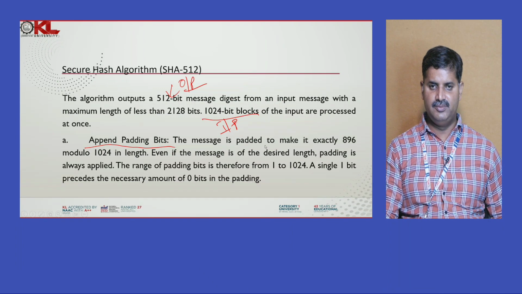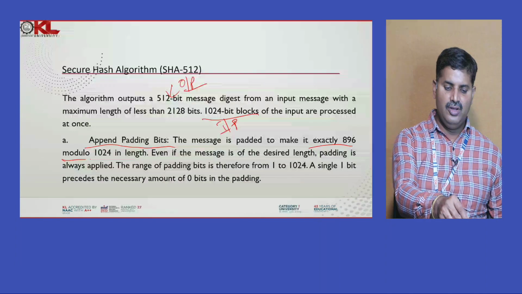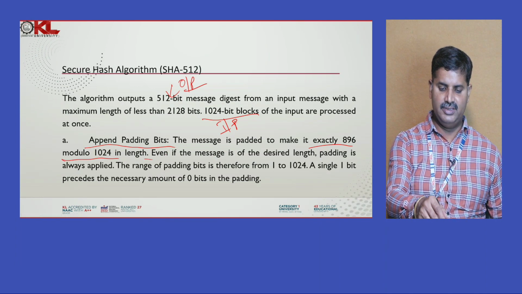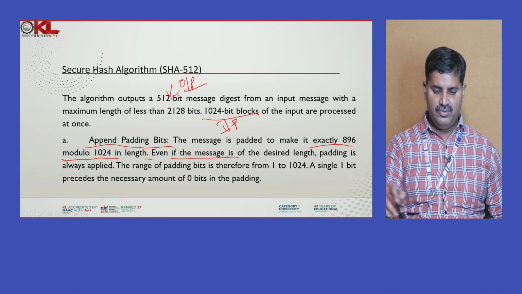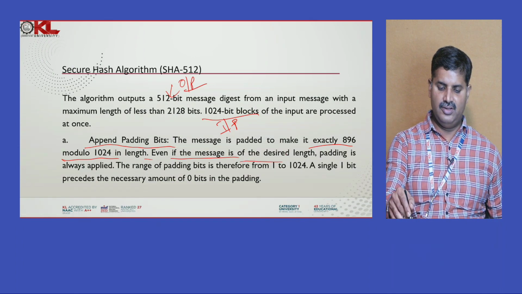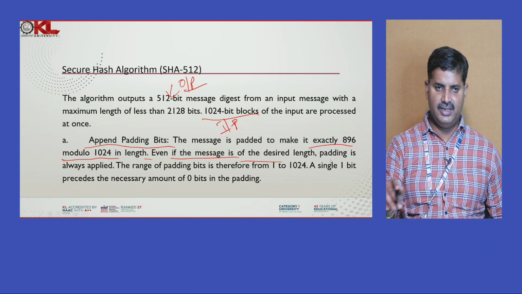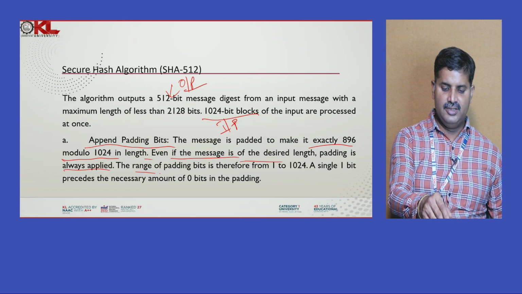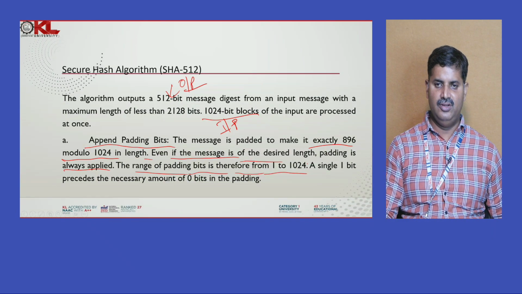The message is padded to make its length exactly 896 modulo 1024. This is a very important point to remember in your work. Padding is always applied, and the range of the padding bits is from 1 to 1024.